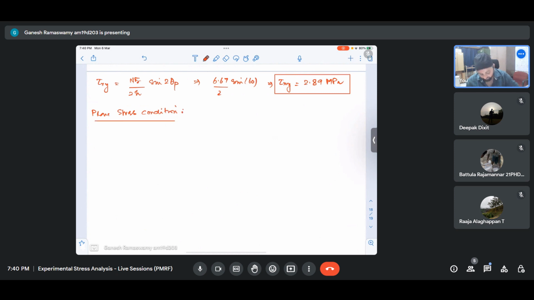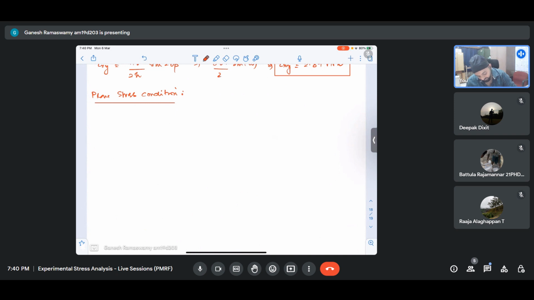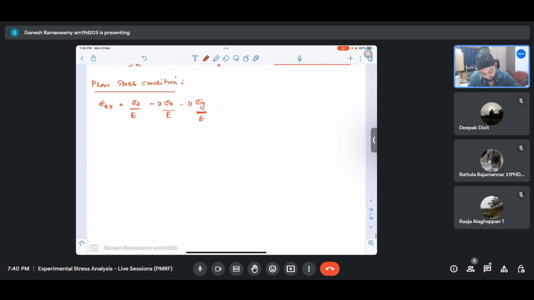we know that our out of plane strain, if I call my plane of analysis to be xy, epsilon zz I know is sigma z by E minus mu times sigma x by E minus mu times sigma y by E. Or this can be written as sigma z by E minus mu by E into (sigma x plus sigma y).